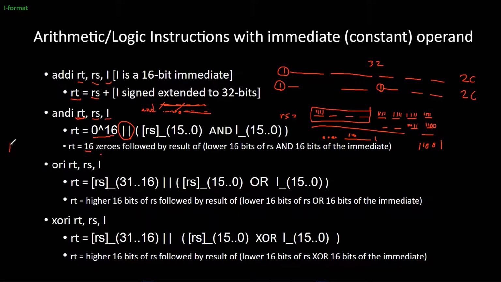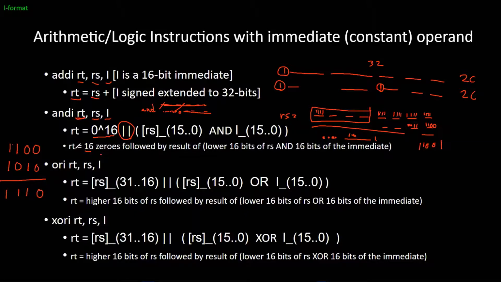If you have a 1 OR with 1, you're going to get 1. If you do it with a 0, you're still going to get 1. If you have a 0 OR with a 1, you are going to get 1. If you are doing a 0 with a 0, you're going to get 0.